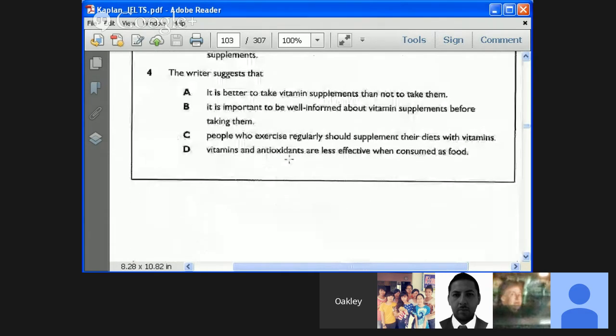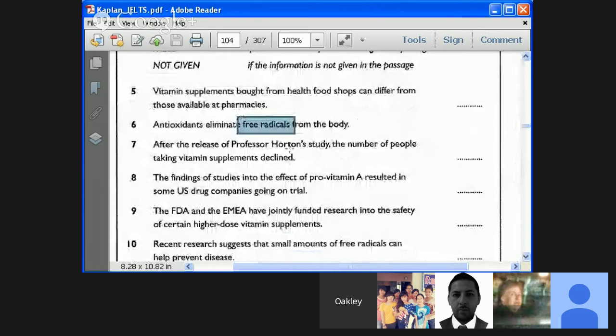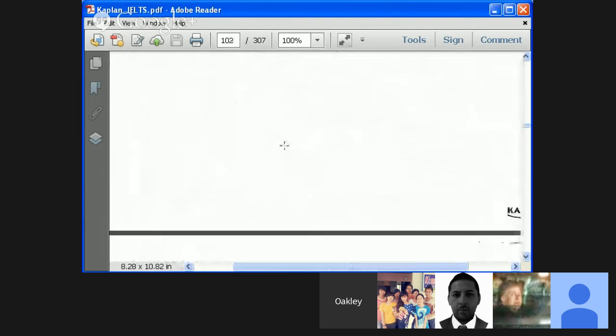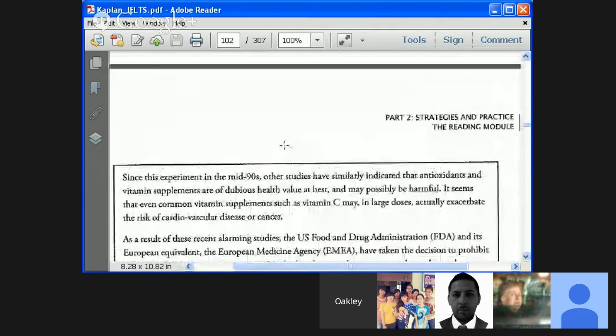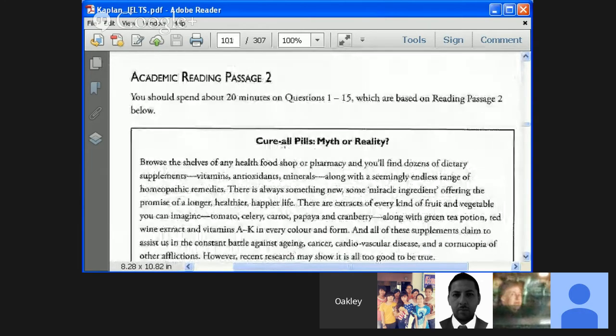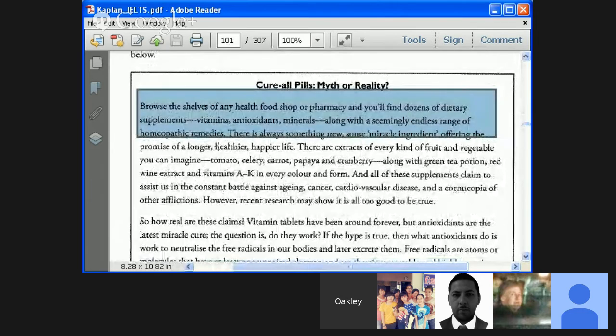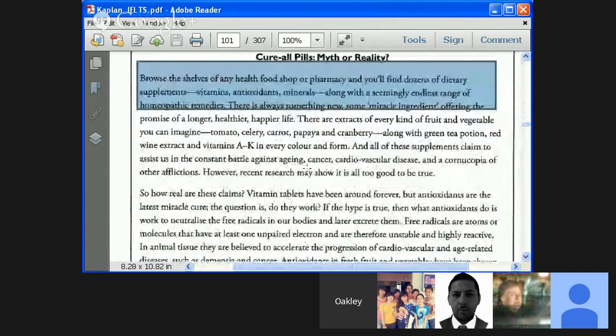So, again, remembering our question: do antioxidants eliminate free radicals? If there's something that says they do, then the answer's got to be true. They generally go in order. Our first answer was here, scanning down from here. Zhang, let me know when you find free radicals.